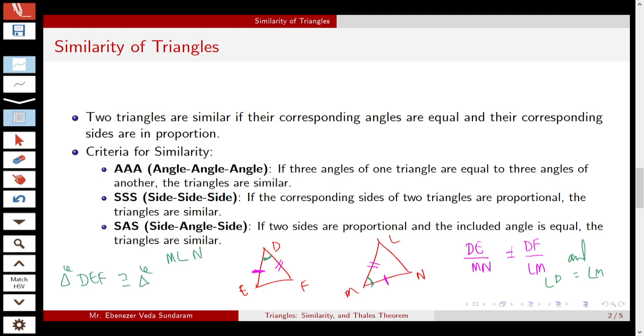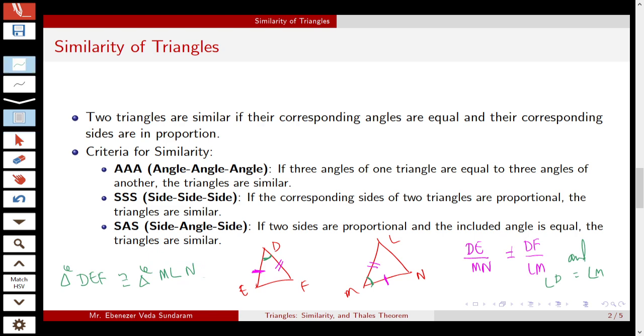I can also write this triangle as MNL, or LNM. I can have 6 possibilities, but let's see what could be done. Since I said the order matters a lot, let's see how to write the similarity criterion.